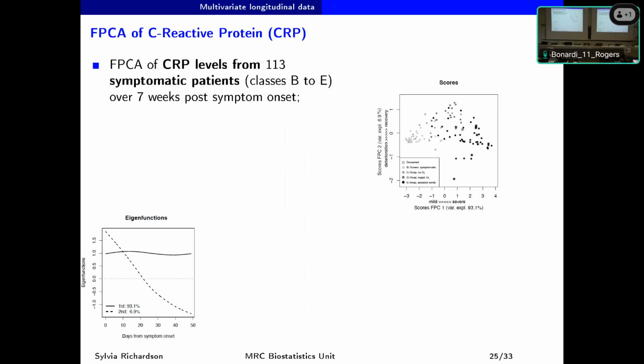You see that 93% of the variability is just like a level. That's the first eigenfunction. And then you've got an interesting one which steeply decreases, and we'll interpret that in a second. And these are the scores of all these patients.